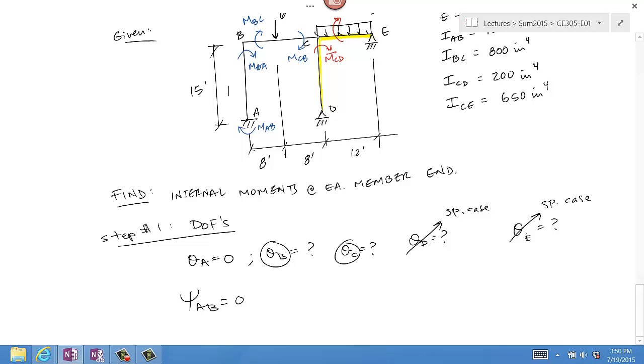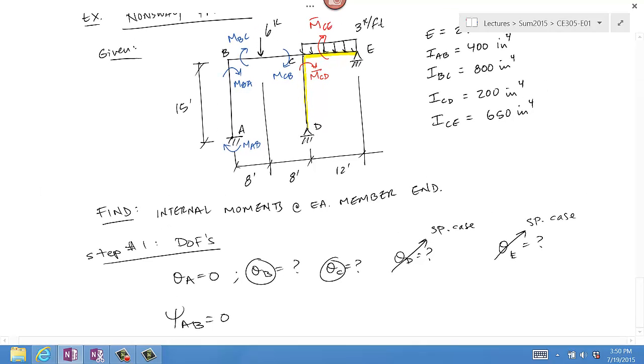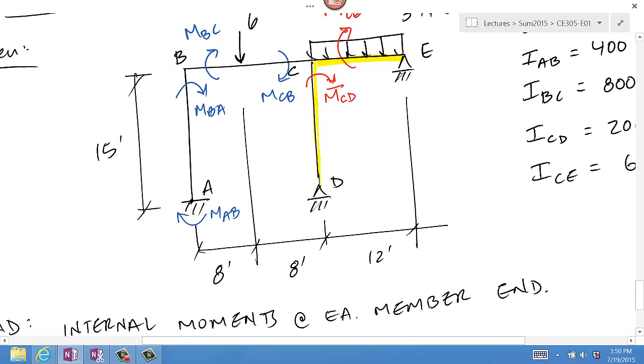Now let's take a look at psi BC. What you're looking at is the possibility of there being an angle like that, either clockwise or counterclockwise here. Can that happen? Yes, it can happen if support D, for example, settled, because if support D settled, it brings point C down with it, and then point C would have ended up down here, thus creating the chord rotation psi BC.